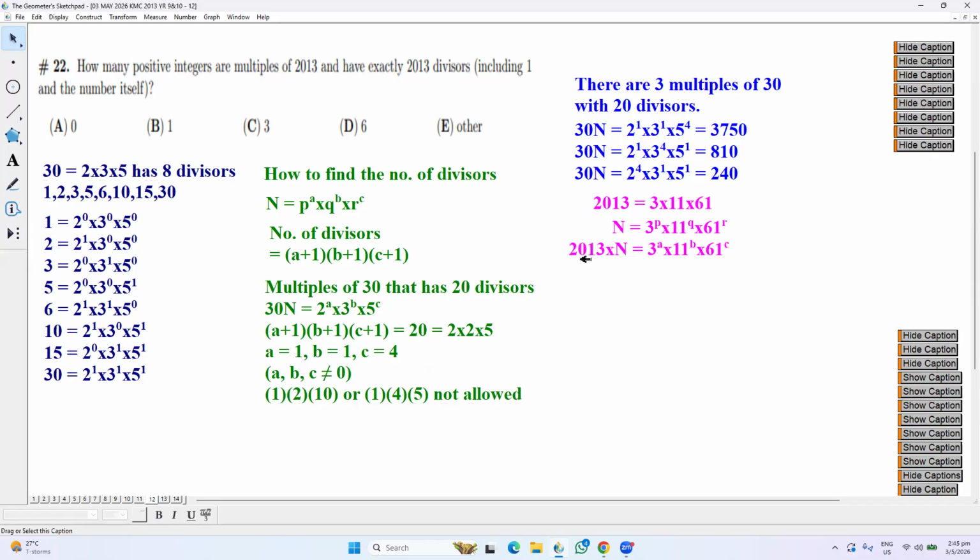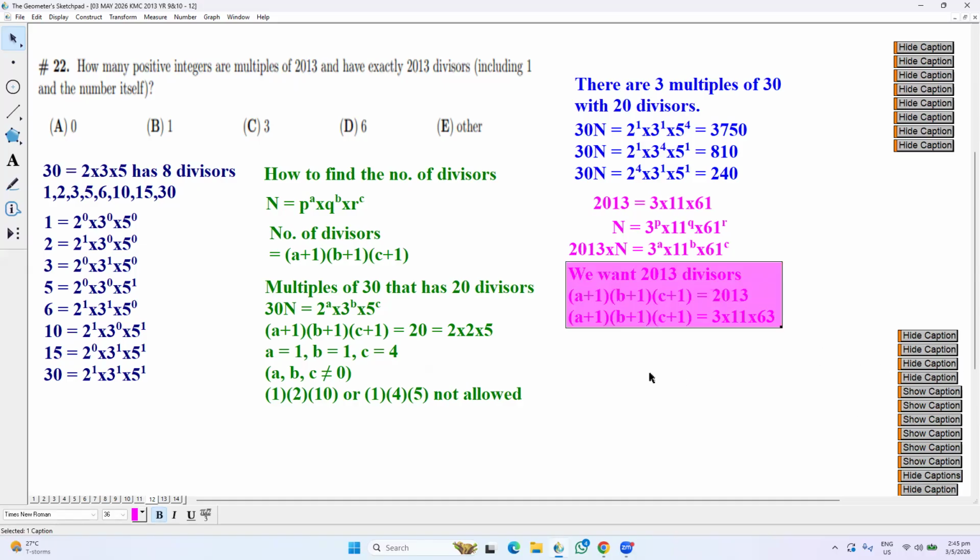So if we have 2013 times n, a multiple of 2013, then the power exponents become A, B, C. And we want to have 2013 divisors. So A plus 1, B plus 1, and C plus 1 must multiply to 2013. The number of divisors is like that.